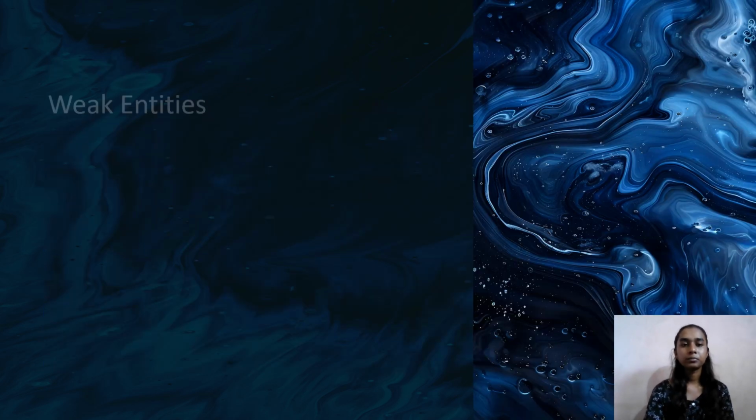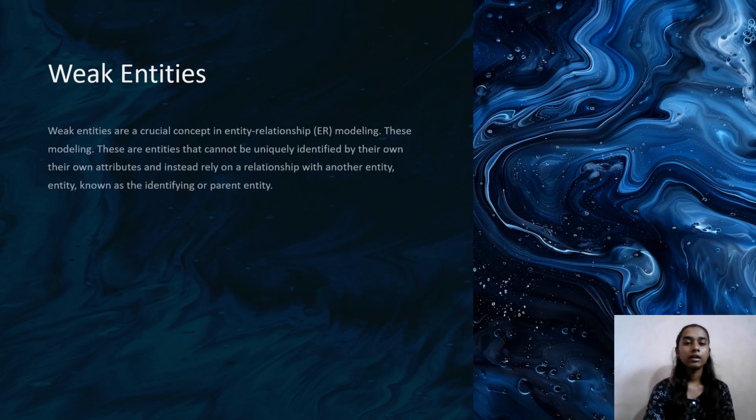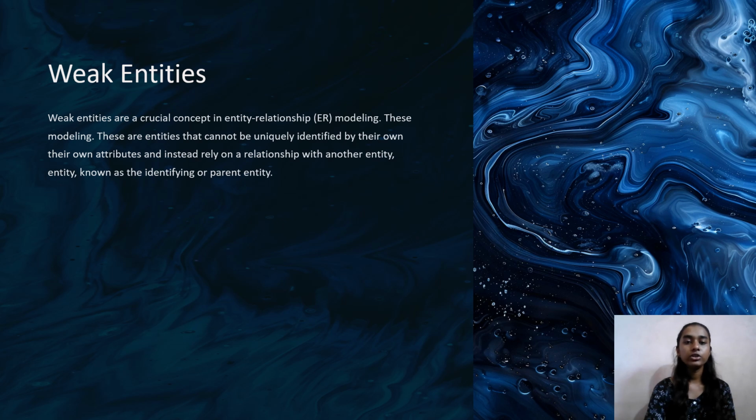Next is weak entities. Weak entities are a crucial concept in ER modeling. These are the entities that cannot be uniquely identified by their own attributes and instead rely on a relationship with another entity known as the identifying or parent entity.